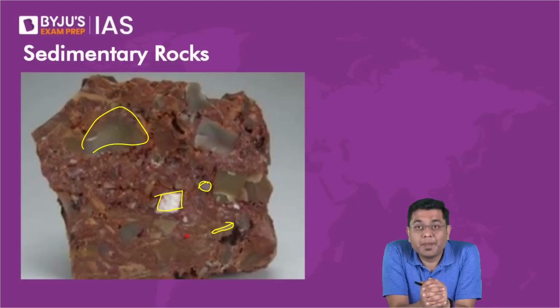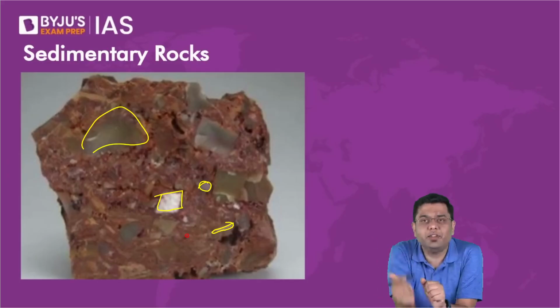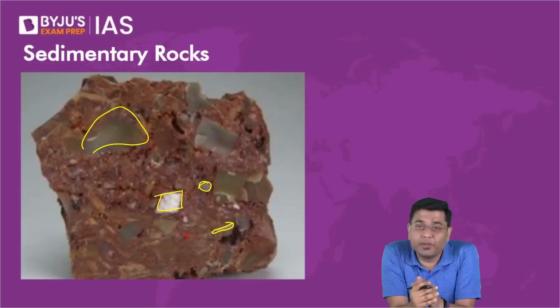Why? Because it is easier to carve in these rocks. It is easier to break and create designs in these rocks, whereas in the case of igneous rocks, it is almost impossible.